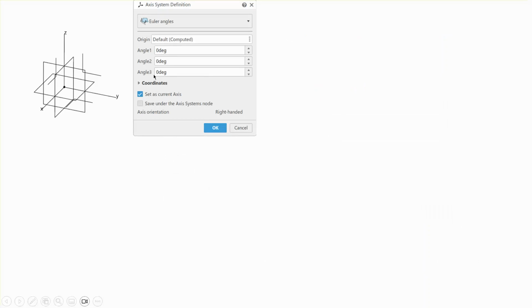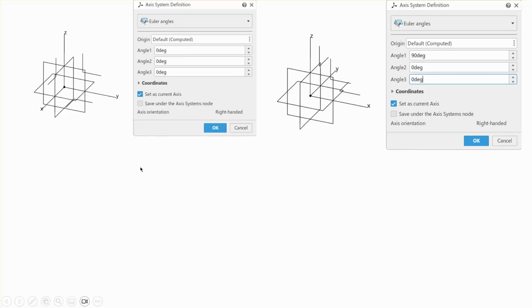So here's the situation. You clicked on that icon, you selected Euler angle, and this is what you get. Suppose I use 90 and minus 90, because then you can see things on the screen. For angle 1, I put 90. What does that mean? It means go to the coordinate system that was created for you and rotate about the Z axis.